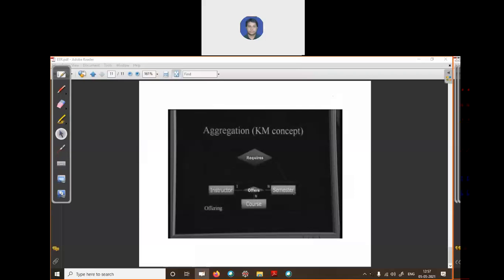Aggregation is also one kind of abstraction. We are abstracting part of the ER diagram into a single entity, or we can say we are aggregating a relationship into a single entity.